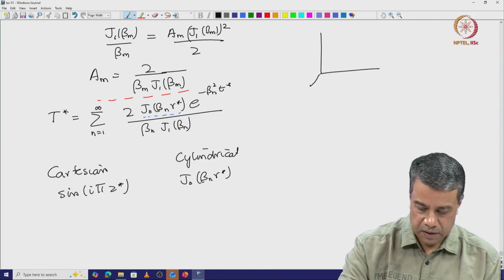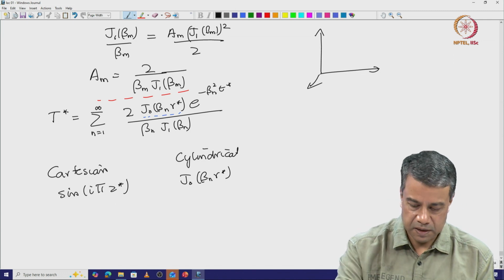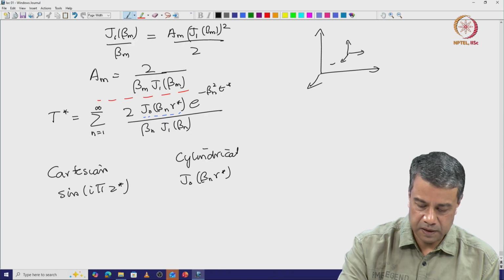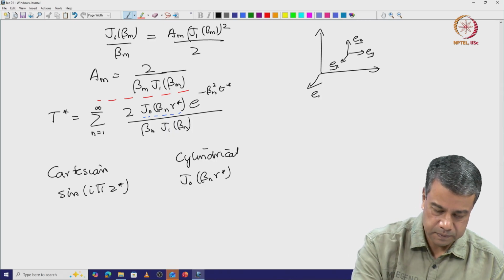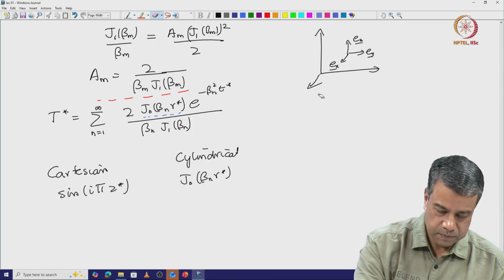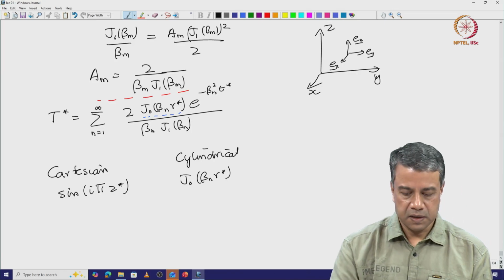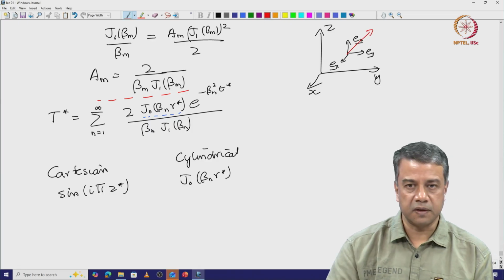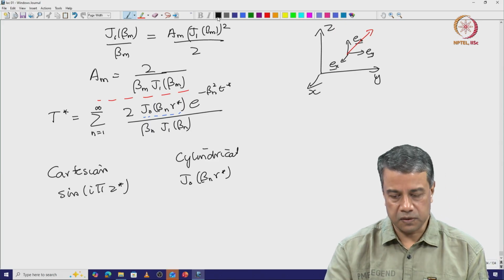The vector space is spanned by these three orthogonal vectors Ex, Ey, Ez, such that any vector at any point can be expressed in terms of these basis vectors, and these basis vectors are all orthogonal to each other.